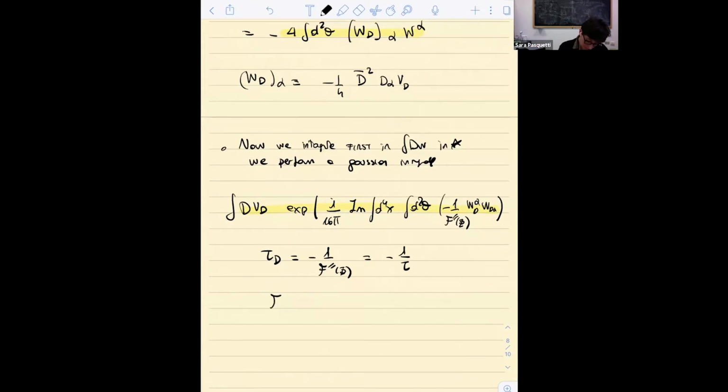And of course, also in this dual theory, I want to define the dual coupling as the second derivative of the prepotential, which will be minus d phi dual over d phi.